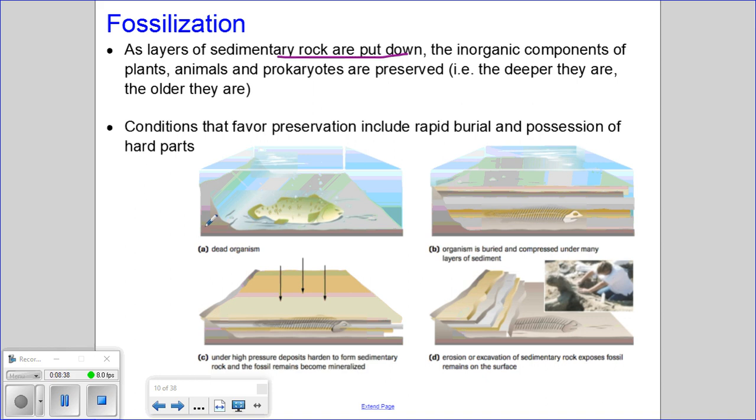Now, there are very specific conditions that favor fossilization, which include rapid burial. So you need a sedimentary layer to be put down very quickly over that dead organism. And it has to have hard parts as well that can be preserved.